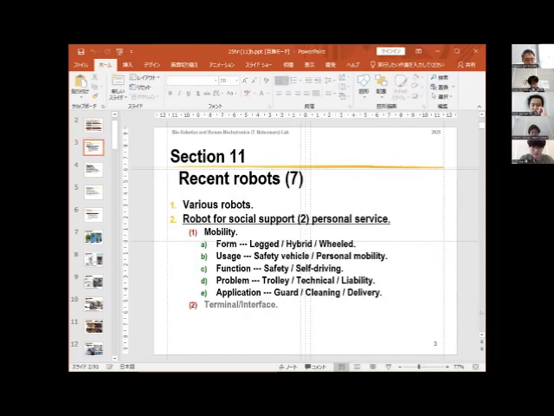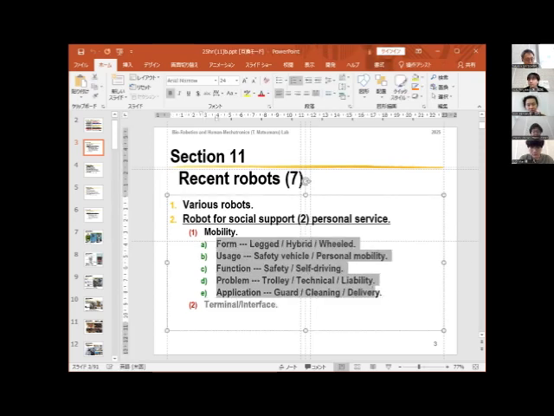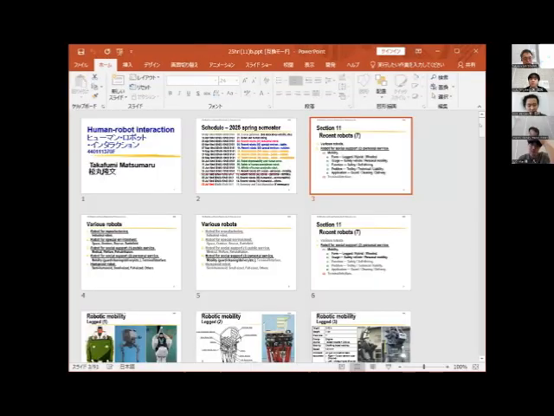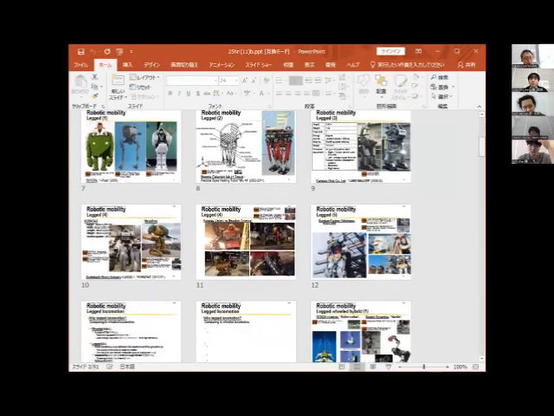Today's class is mobility. It is a very wide range topic: the form, usage, function, problems, and applications.